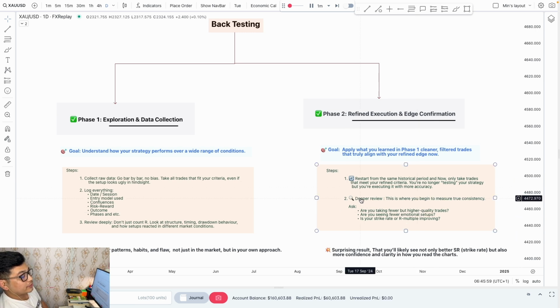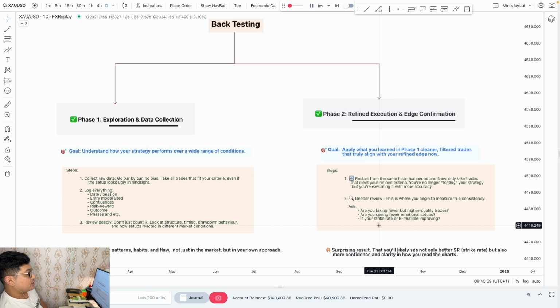And number 2, deeper review. Again here you're going to have more review. Whatever you reviewed in phase 1, you're going to do the same thing, repeat it, and here you're going to have fewer low-probability trades, you're going to have fewer trades overall, definitely, compared to phase 1. And ask yourself, are you taking fewer but higher-quality trades?